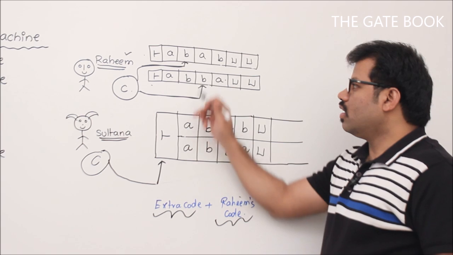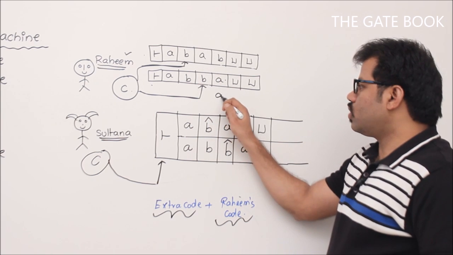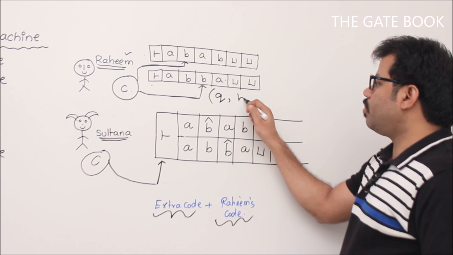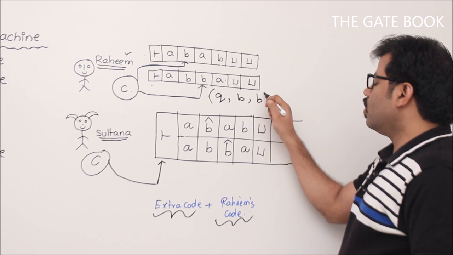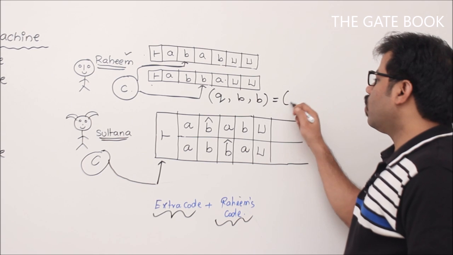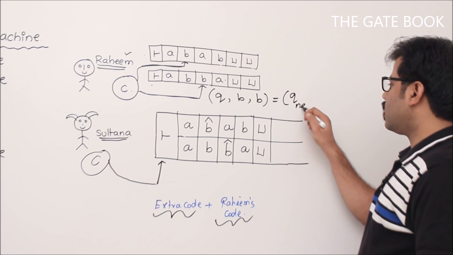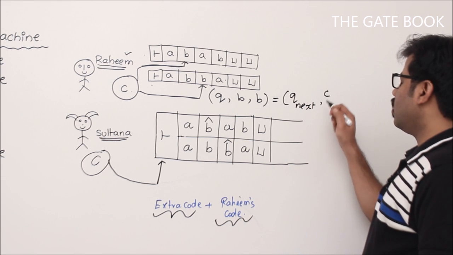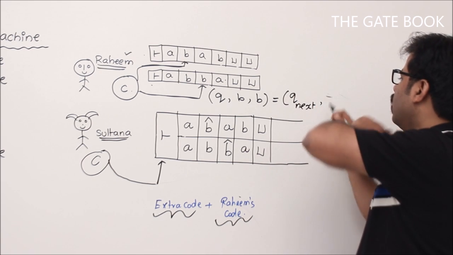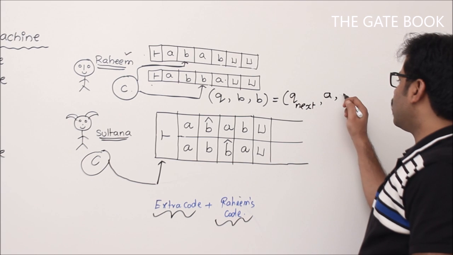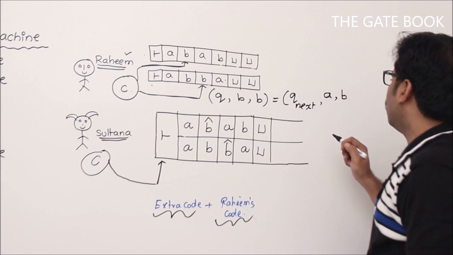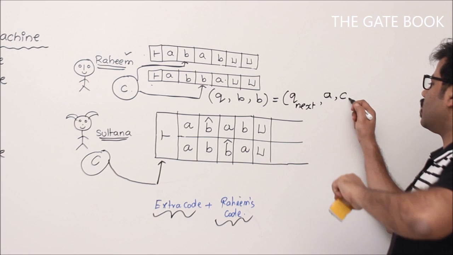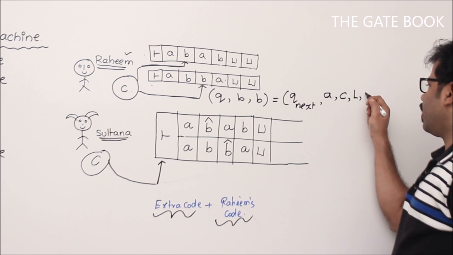Now Rahim says, see, now I am in state Q. On input, I am seeing two inputs, one is B, second one is B. So Q on B, I will go to a state Q next. Now I will make B to A, and the other B to, let's assume, C. A comma C, and one left, one right.